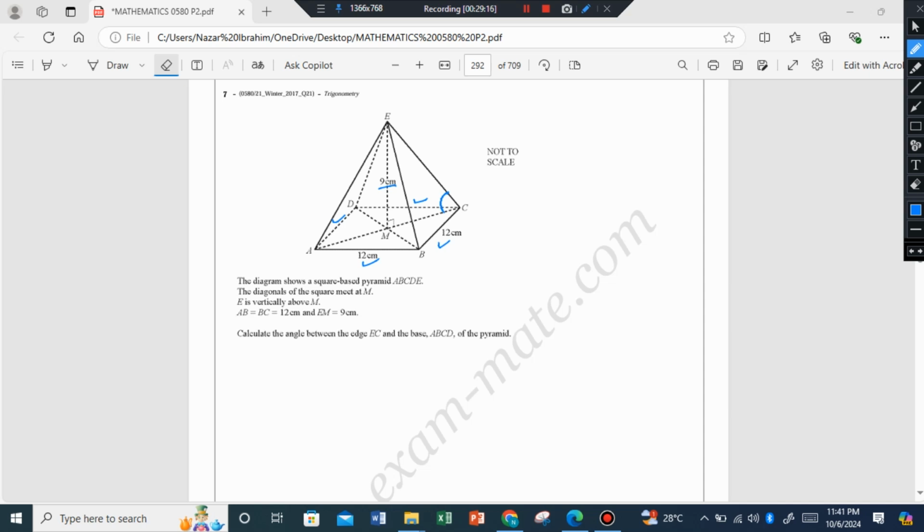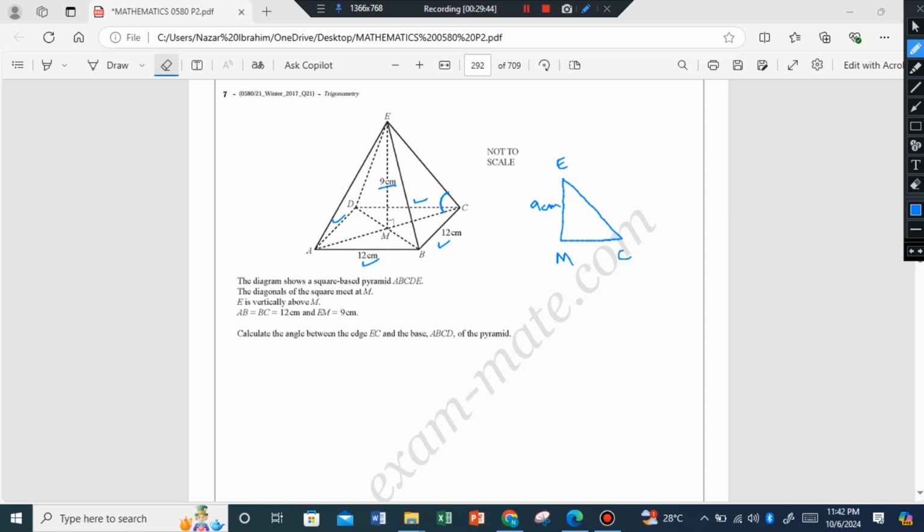To take out any angle in a triangle, we need two sides of that triangle. So if I consider EMC as my triangle, EM is equal to 9 centimeter.